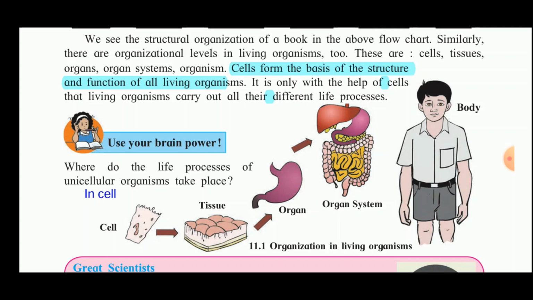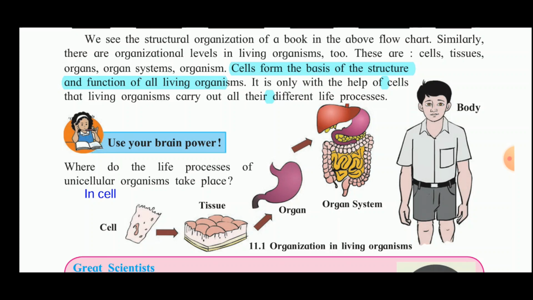All these different organs form the organ systems. And like this digestive system, excretory system is there, circulatory system is there, nervous system is there, and all these systems form the body. So, thus we can compare the structural organization of the book to the structural organization of the living organisms.